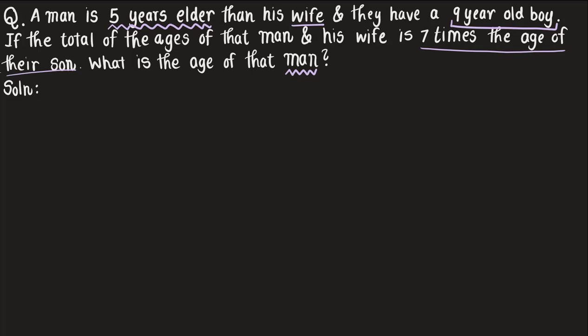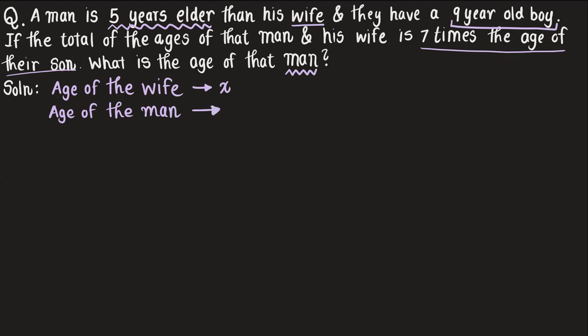So who is elder here? The man is elder. So to make our equation simpler, we will first consider the age of the wife. We will consider the age of the wife as x. So the age of the man would clearly become, as he is elder than his wife by 5 years, x plus 5 years.